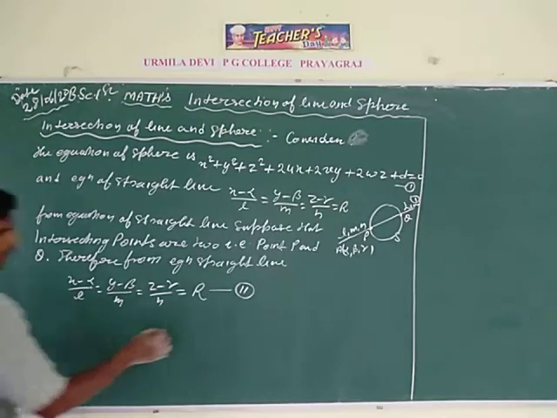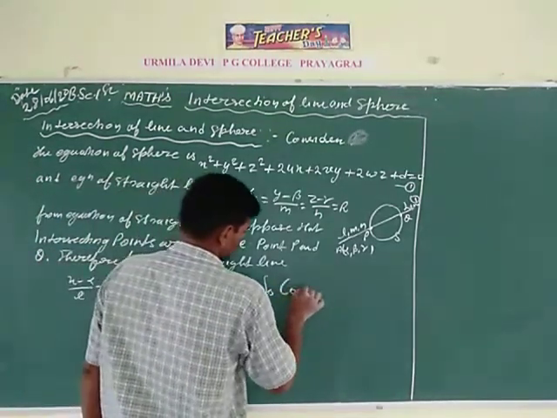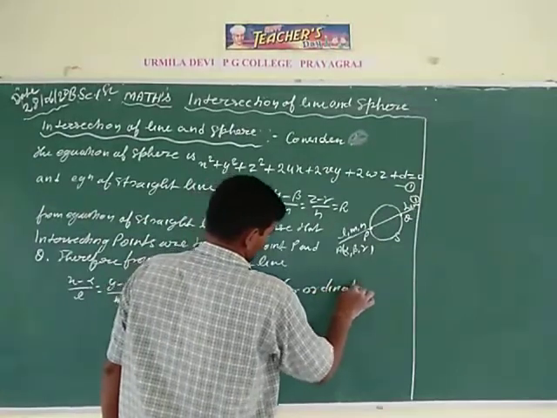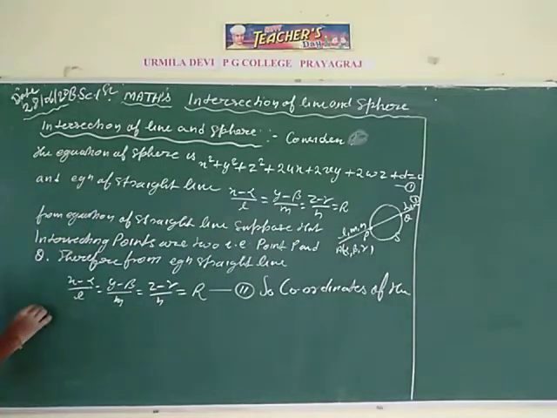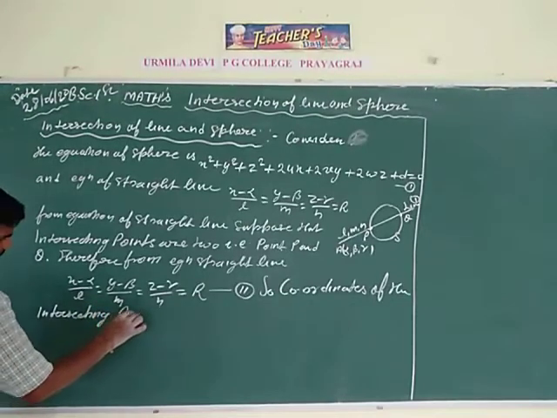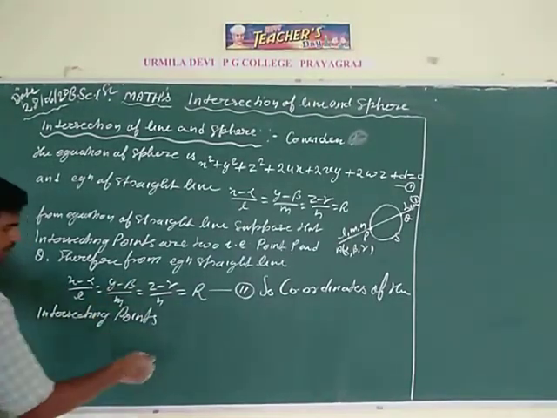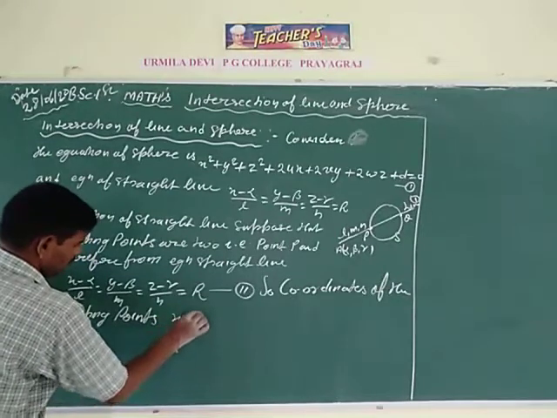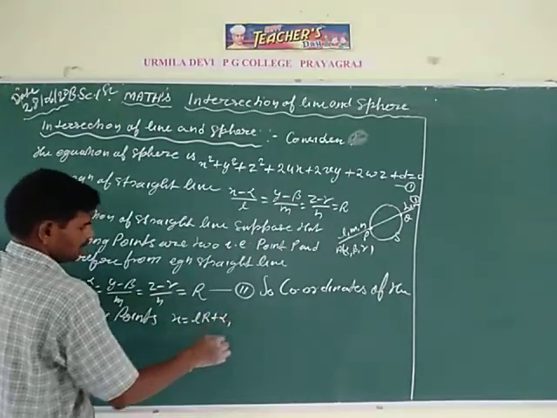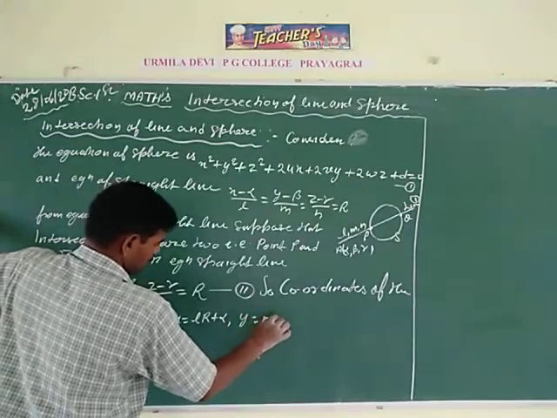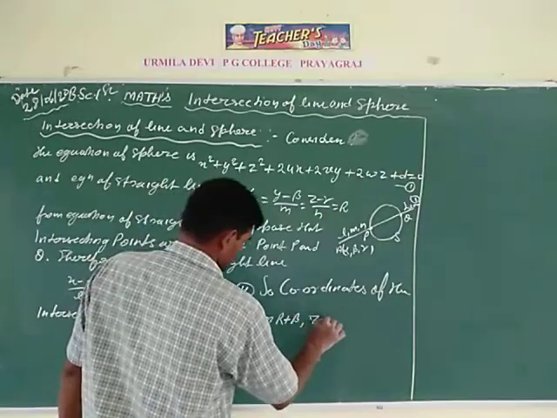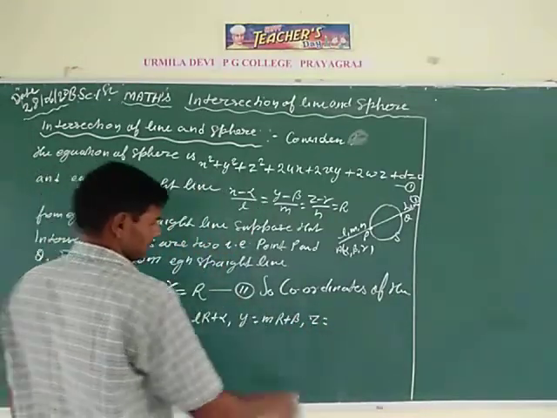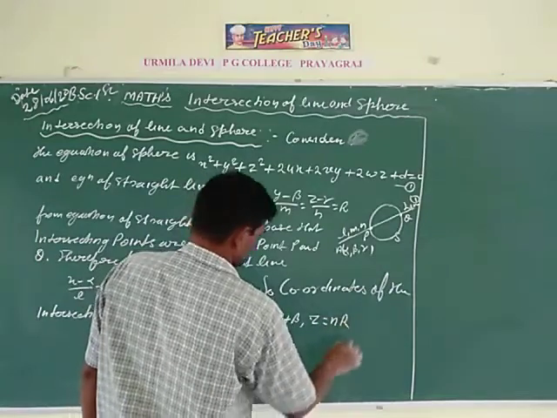So the coordinates of the intersecting points are x is equal to lR plus alpha, y is equal to mR plus beta, and at last z is equal to nR plus gamma.